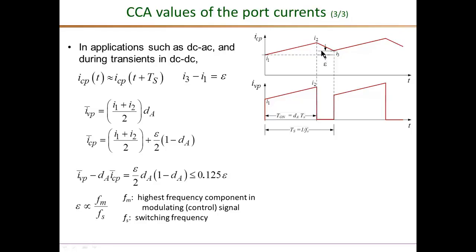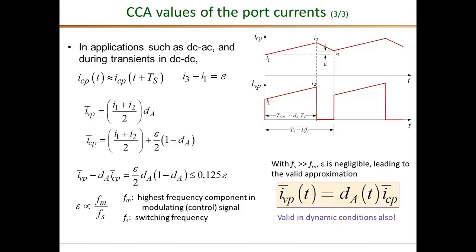If the main sinusoidal waveform is rising at say 50 Hertz, at a switching frequency level which is in the 50 microsecond, 100 microsecond range, then the increase in I3, or I3 minus I1, which is epsilon, is very small. So once again we are justified in expressing the IVP average as D times ICP average, provided of course the switching frequency is well above the modulating frequency.